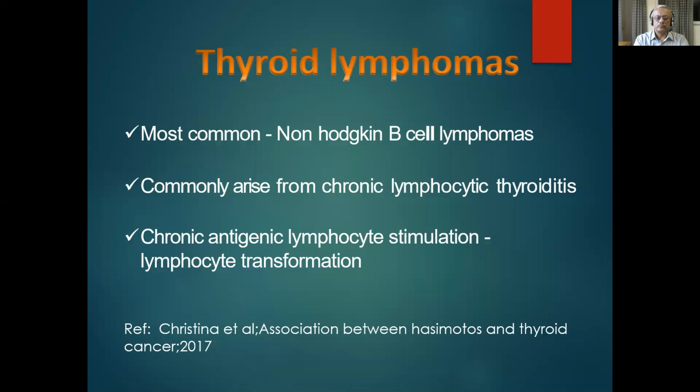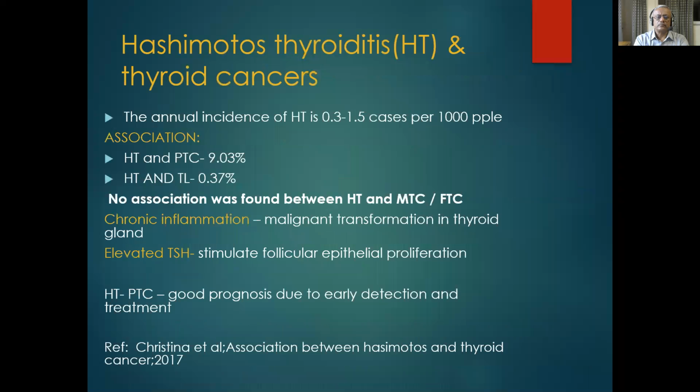So thyroid lymphomas: the most common thyroid lymphoma is non-Hodgkin's B-cell lymphoma, commonly arising from chronic lymphocytic thyroiditis. The chronic antigenic lymphocyte stimulation will lead to lymphocyte transformation into malignancy. As for the association of Hashimoto's thyroiditis and thyroid cancers, the annual incidence of Hashimoto's thyroiditis is 0.3 to 1.5 cases per thousand people.